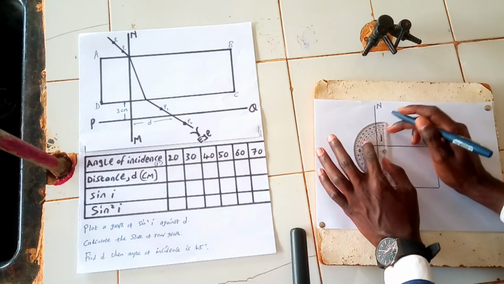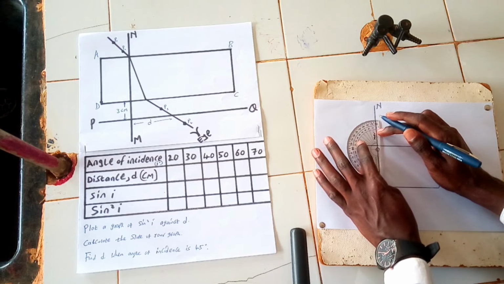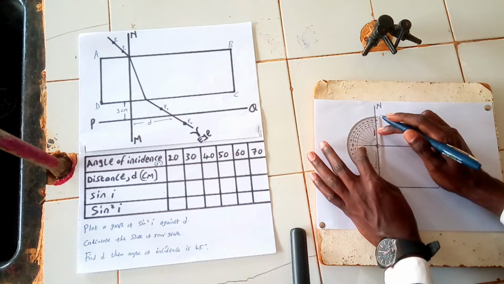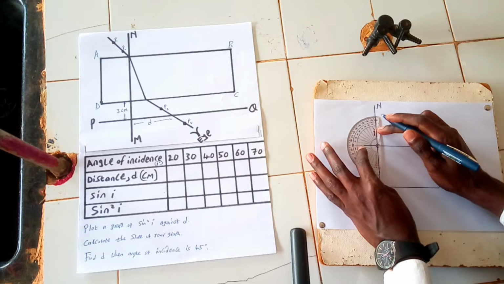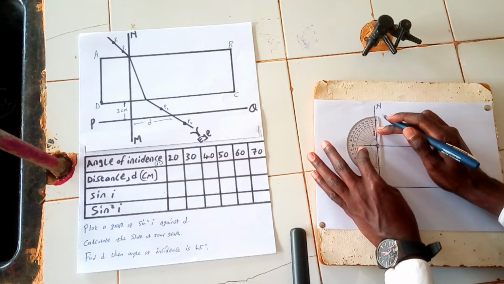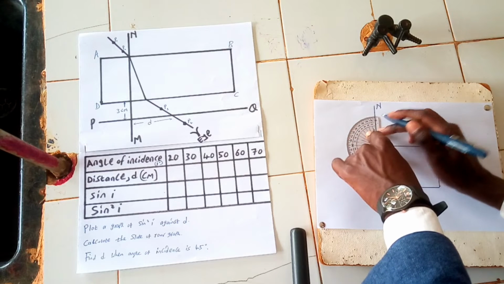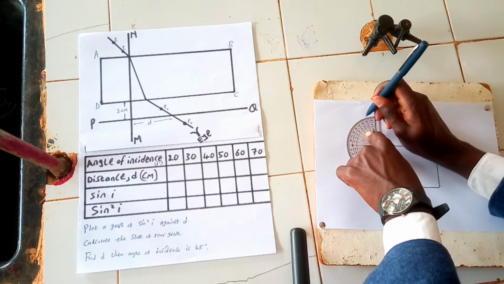Let's measure those angles first. The baseline must be in line with the normal. So we are measuring angle 20 to angle 70.